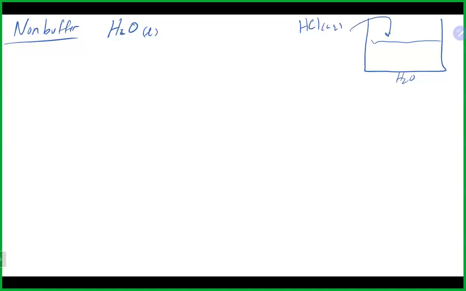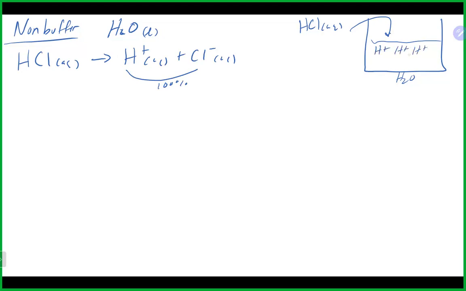What's going to happen in this case is, once again, that is a strong acid, which means that it is going to 100% break apart into its ions in water. And what that means for water is when you add this, you get 100% of these ions, which means you just put in there a bunch of H pluses, freely floating H pluses.